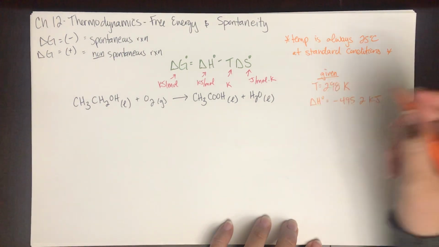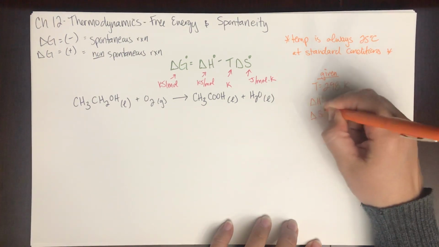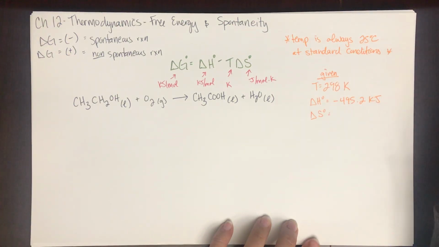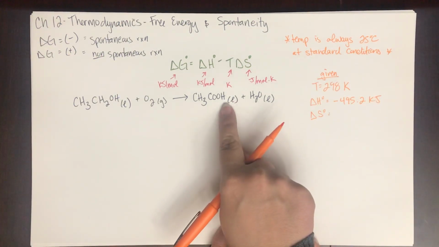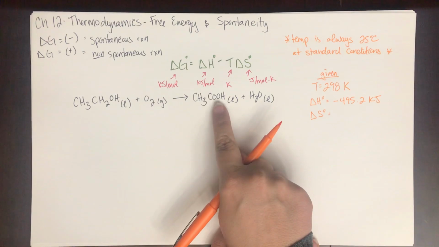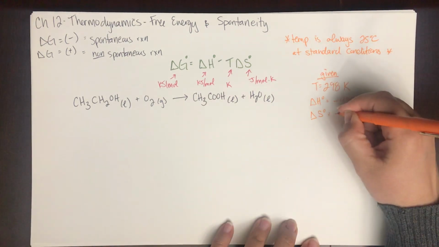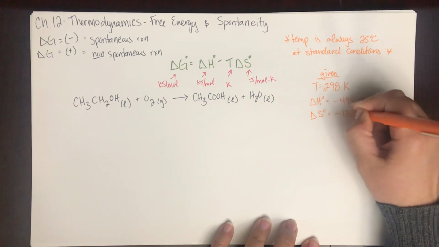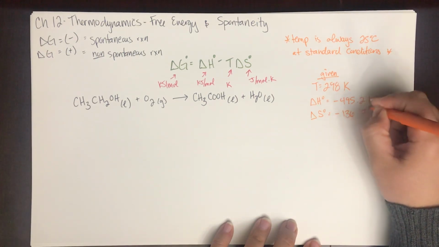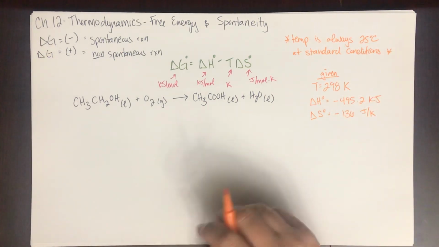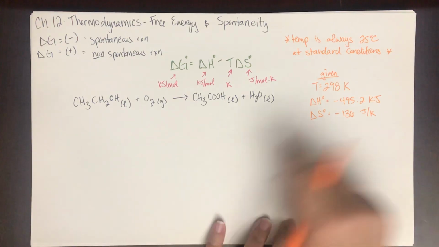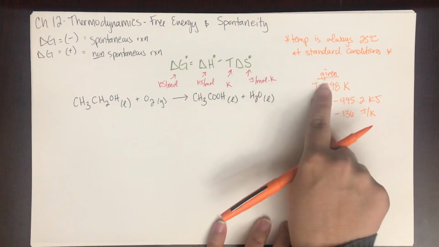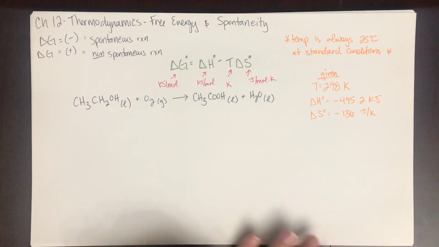kilojoules. And the standard entropy of this reaction, we already calculated a few videos ago, to be negative 136 joules per Kelvin. And we just know that this is 298 Kelvin because we're at standard conditions.